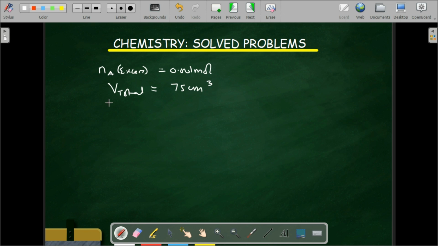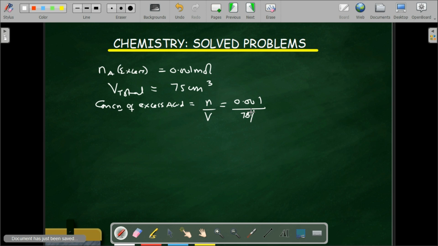The concentration of the excess acid is the number of moles divided by volume. So 0.001 divided by 75, converted to dm cube by dividing by 1000. If we compute this, we get 0.0133 mole per dm cube as the concentration of the excess acid.